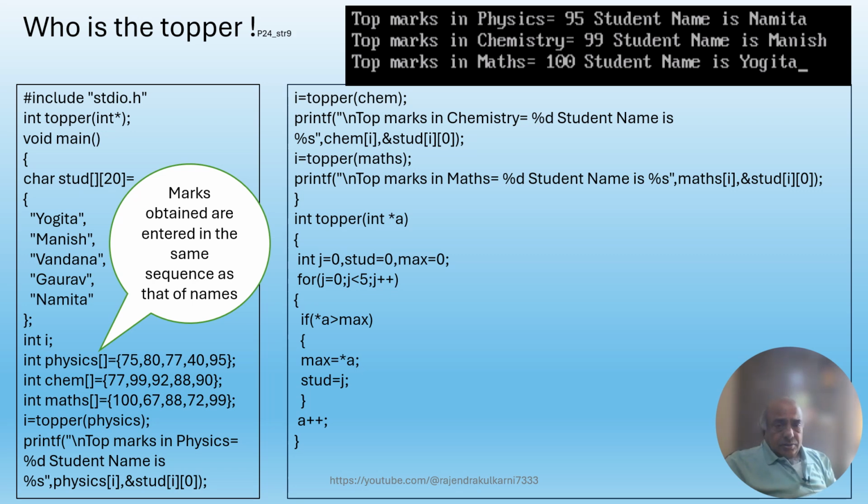and the number of that element, which is the value of j in this loop, is assigned to the variable stud. Then we increment the pointer a and the loop continues till j is less than 5. When j is equal to 5, the loop terminates.